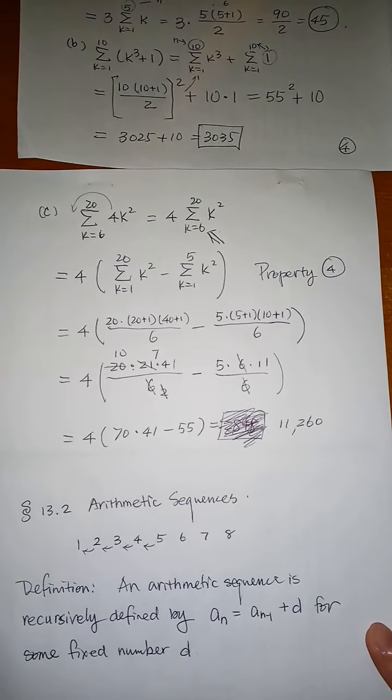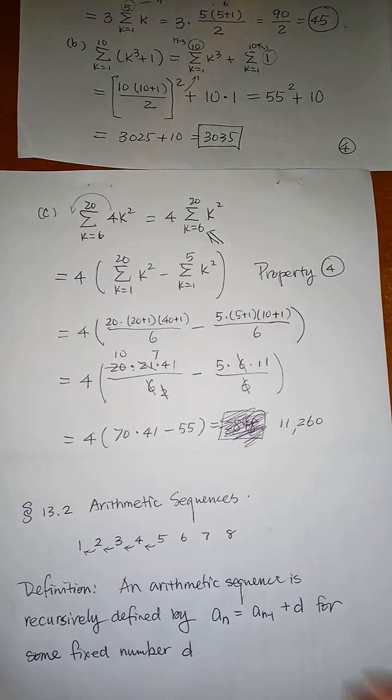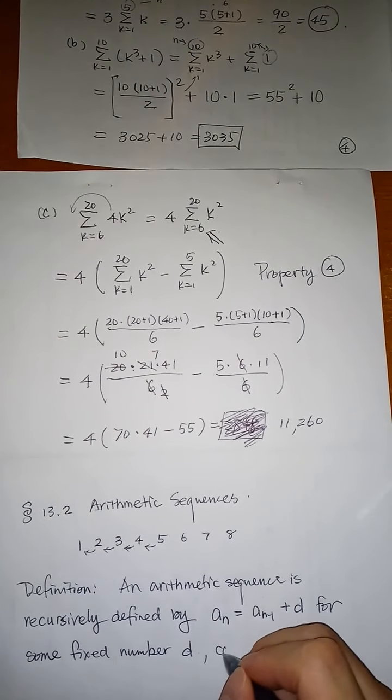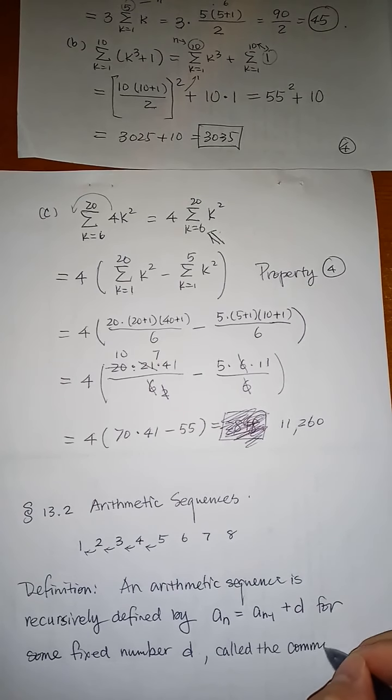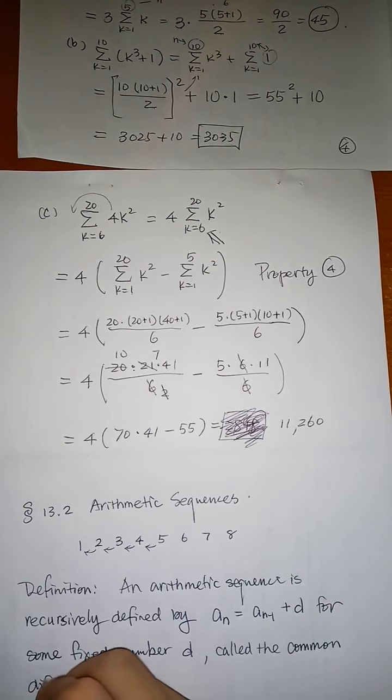For some fixed number d. So every time you just add a fixed d. So d is called the common difference. The common difference.